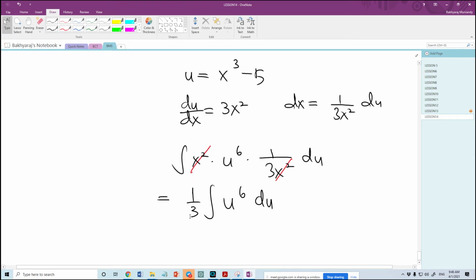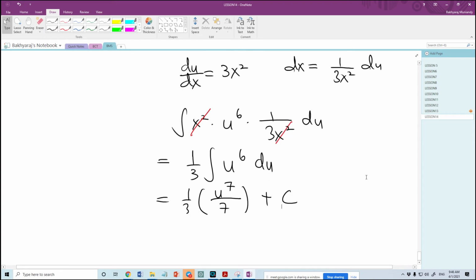So that will give you last answer equal 1 over 3 times, so 6 means 7 lah, correct, u power of 7 divided by 7 plus c, correct. So 1 times 21, right? Ini akan jadi 1 over 21, u power of 7, u ialah tadi x power of 3 plus 5 plus c lah.